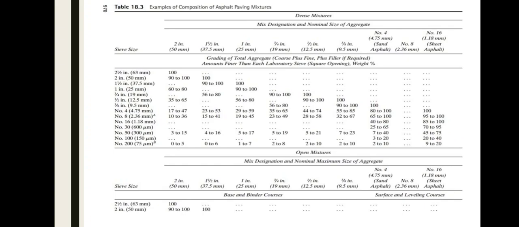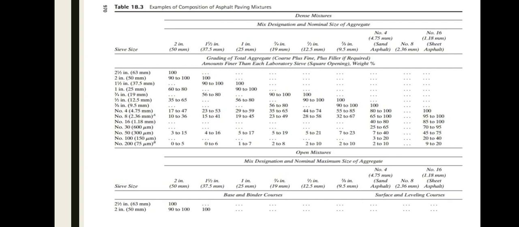This is the table of mix designs and nominal sizes of aggregates. In sieve size, we have 2 inches, 1.5 inch, 1 inch, 3/4 inch, 1/2 inch, 3/8 inch, and number 4, 4.75 mm.